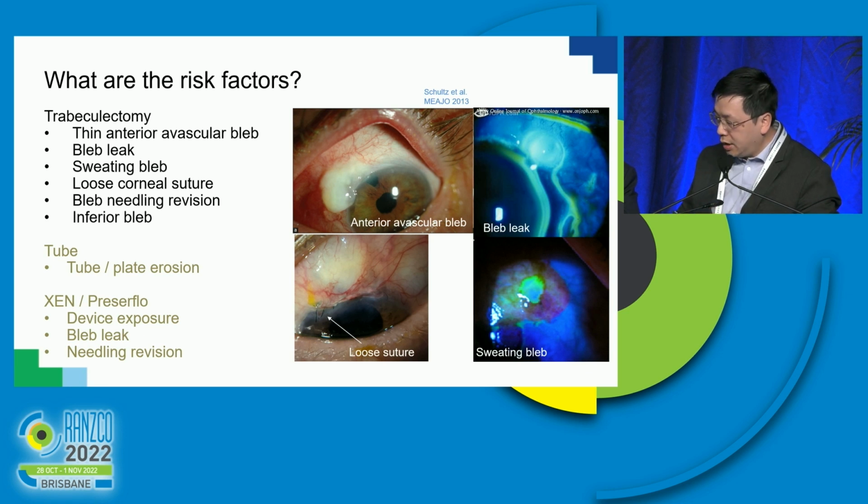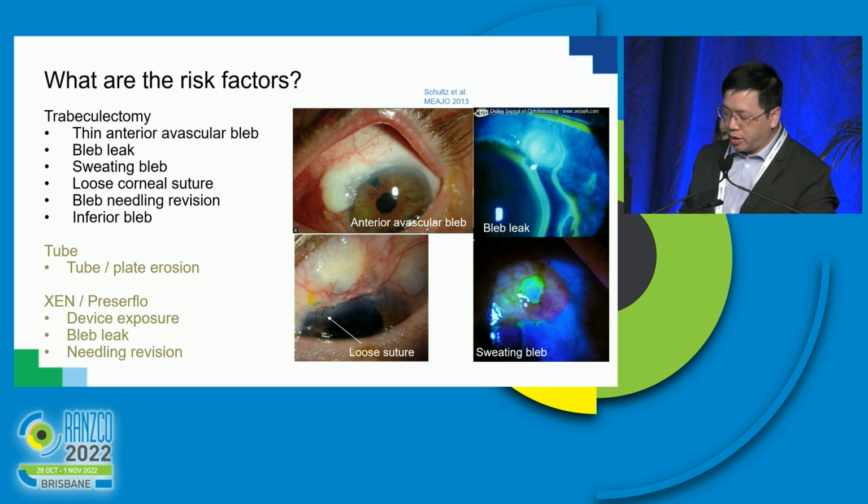If you see a bleb leak, or sweating blebs, which are blebs where you put fluorescein on and you can see small pinpoint leaks. They are not obvious, and you do need to put the fluorescein on in order to see them properly. And if you see loose corneal sutures, or if you have performed a bleb needling revision on the slit lamp, that can be a potential risk factor.